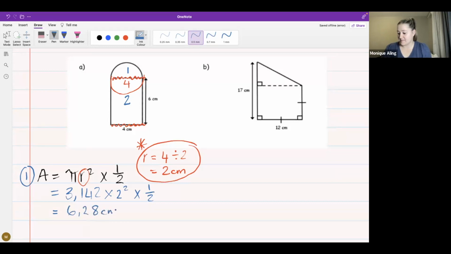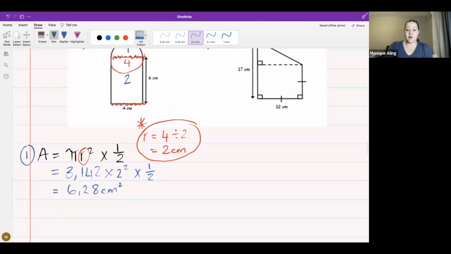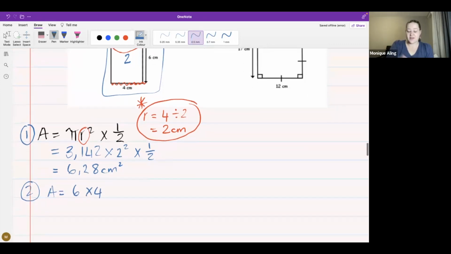6,28 centimeters squared. I then have a second part of the shape, which is my rectangle. That's my second part. So the area is 6 times 4, which is our length, times breadth, which gives me 24.